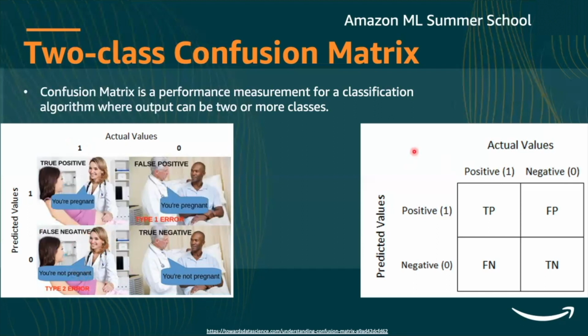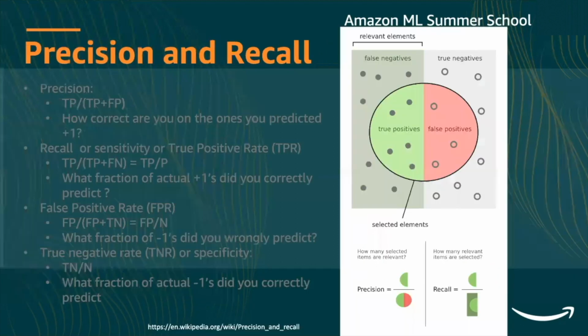On the right-hand side, this is a concise representation of the same figure. TP represents true positive, FP represents false positive, FN represents false negative, and TN represents true negative. Now consider the figure on the right-hand side. Just consider this square for now, and this center line.